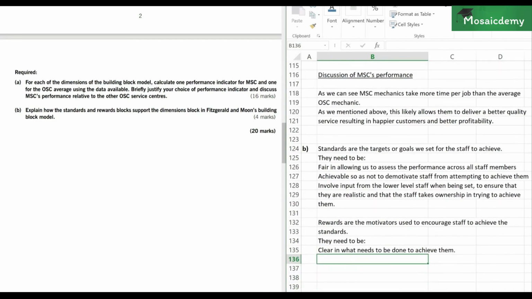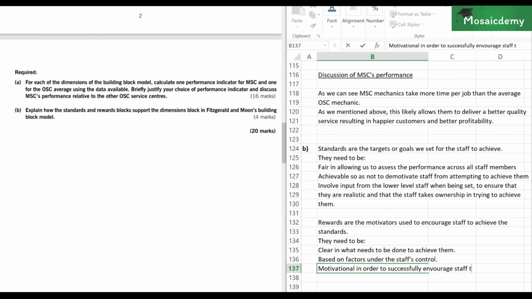They need to be based on factors under the staff's control, right? Otherwise they'll be demotivated that they're being judged by something outside their control. And they may need to be motivational in order to successfully encourage staff to achieve the goals.